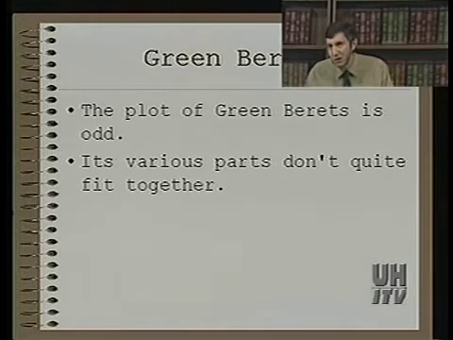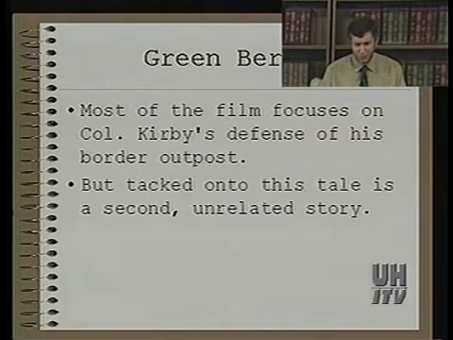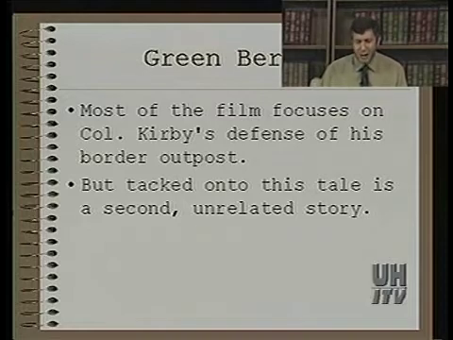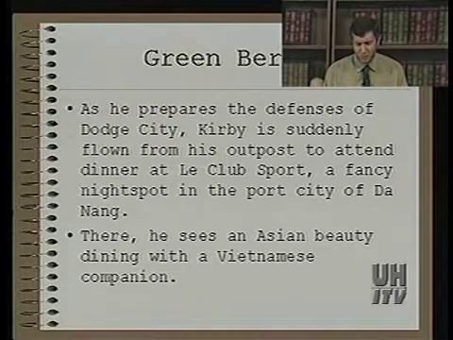The plot of The Green Berets is odd, and it doesn't fit together very well. Most of the film focuses on Colonel Kirby's defense of his border outpost, but tacked onto this tale is a second story.